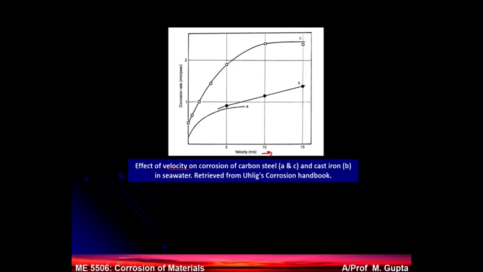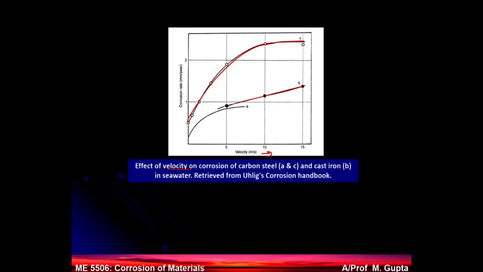Again, the velocity is on the x-axis, corrosion rate on the y-axis, and you can see that with an increase in the velocity, your rate of the corrosion will either go the linear way or it can go to a certain extent and it can stabilize.